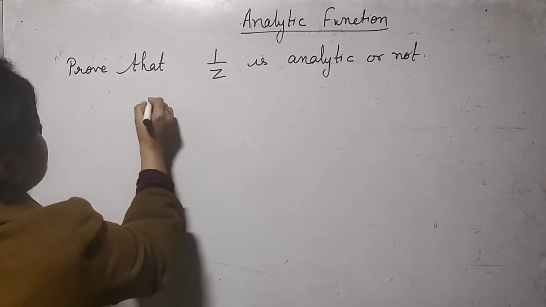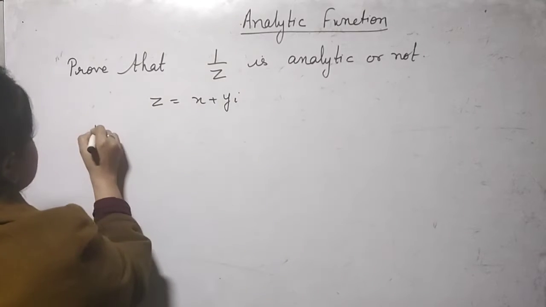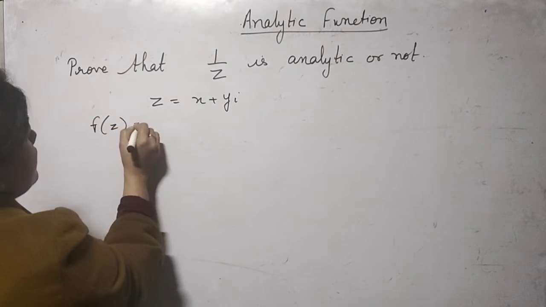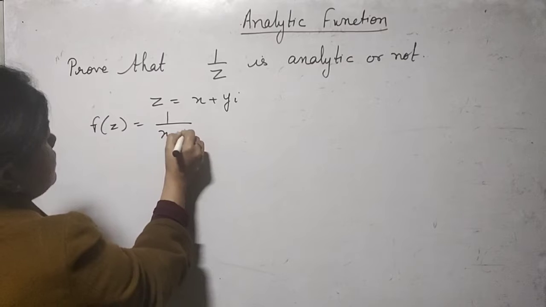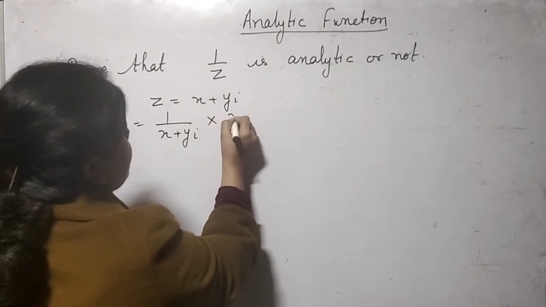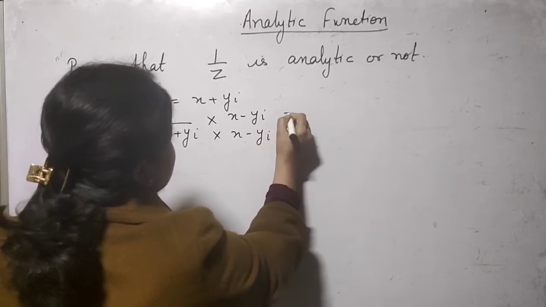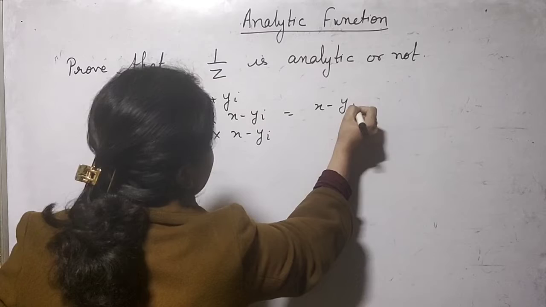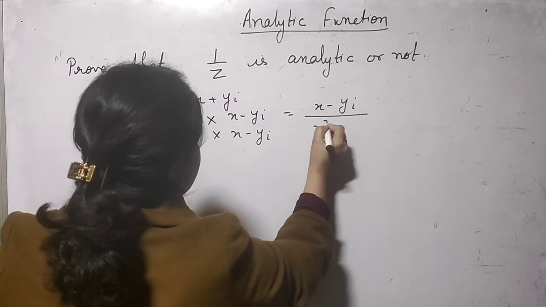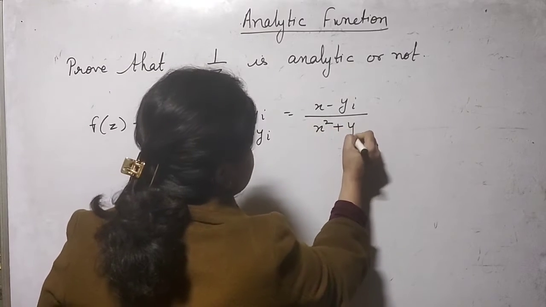Now as we know, z is equal to x plus yi. So this function becomes 1 over x plus yi. Now we rationalize this by multiplying by x minus yi. So it becomes x minus yi over x square, this is y square, and minus 1, that is plus y square.